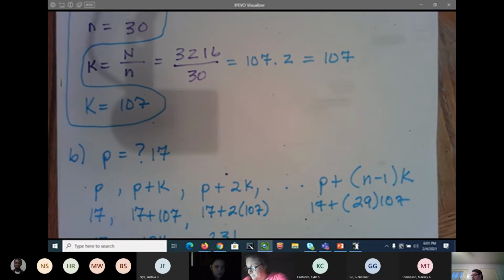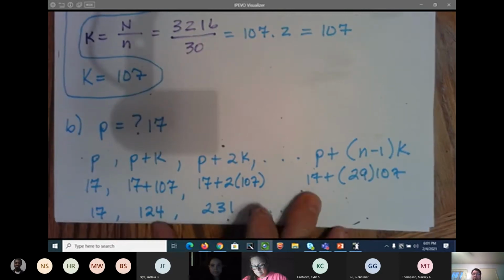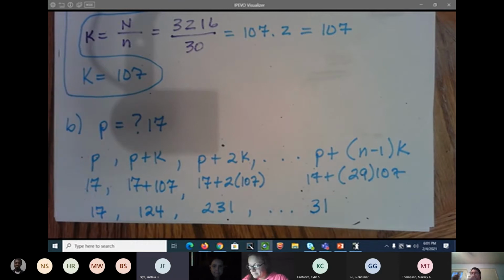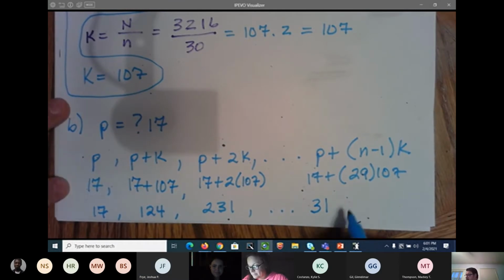Plus 17 is 3,120. What does it come out to be? 3,120. Right. Did y'all just see that? I didn't use a calculator.